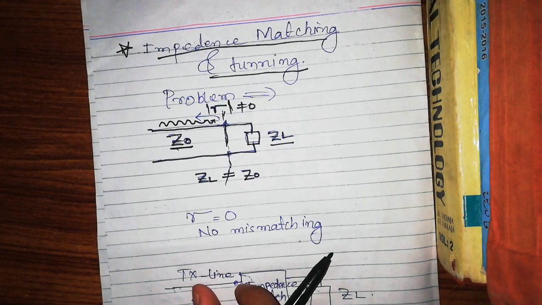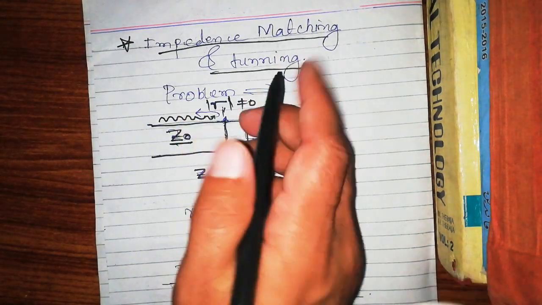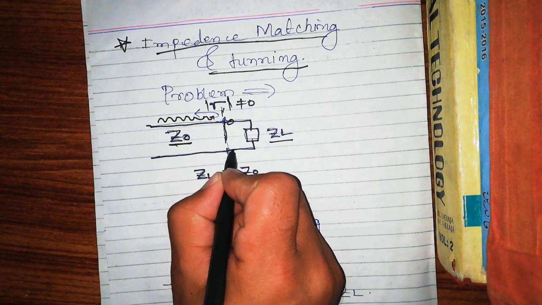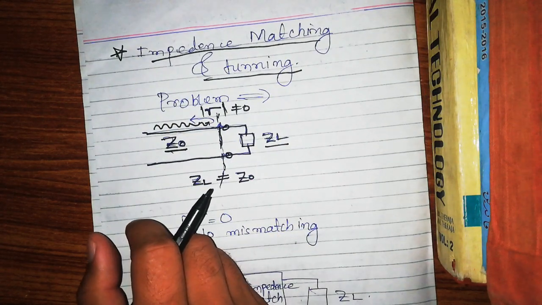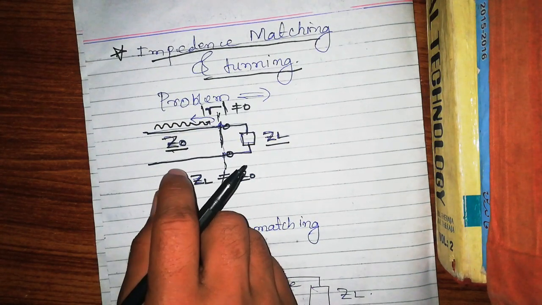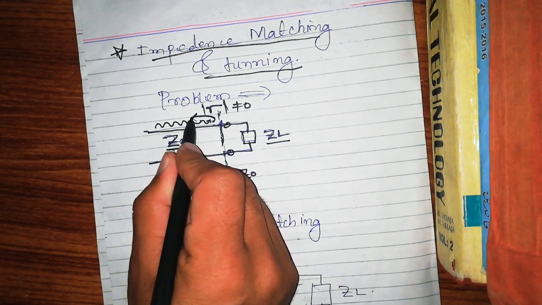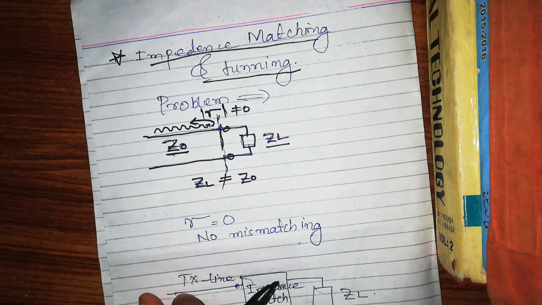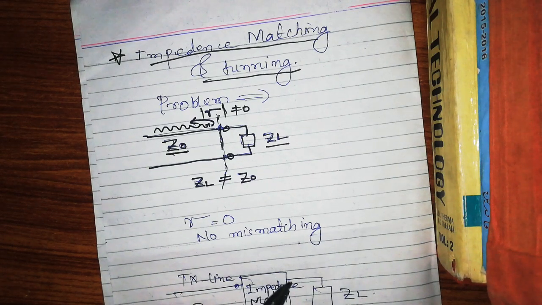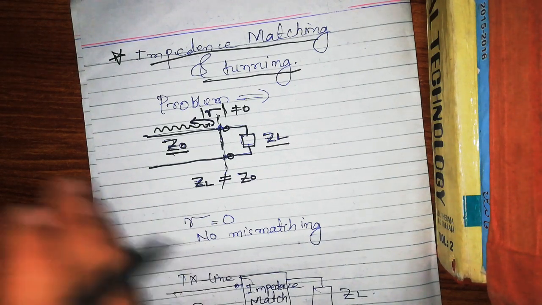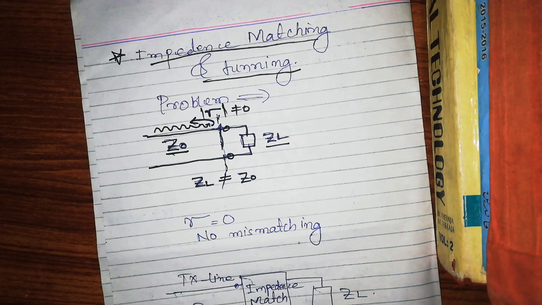At the point where you have connected your load to the transmission line, some part of the power will reflect back, which is undesirable. Some part of your input signal will be reflected back toward your source. So this is the case of mismatching.